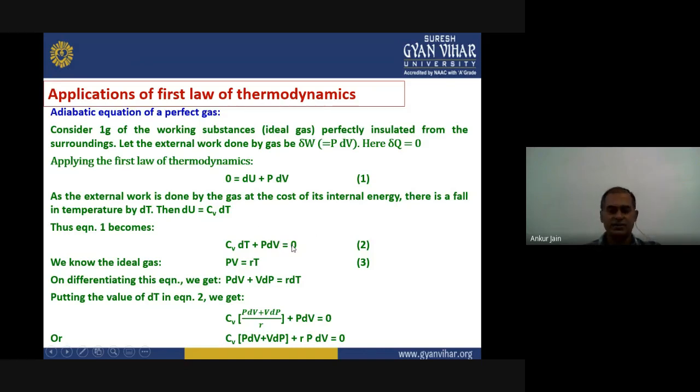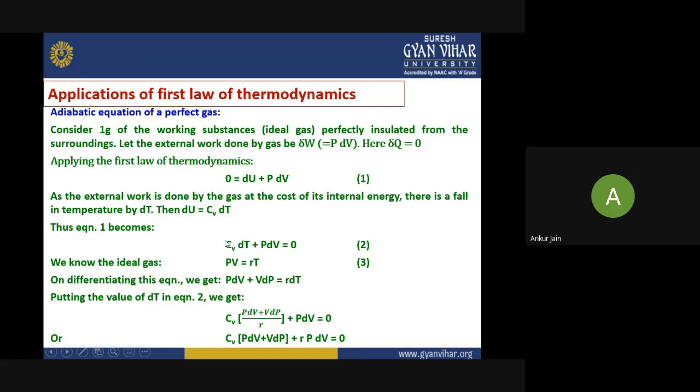Now from the ideal gas, we already know PV equals RT. Okay, if we differentiate it, we will get P into dV plus V into dP equals R into dT. Now, in this equation, the value of dT we can get is P dV plus V dP upon small r. Now, putting this value of dT in equation number 2, it will become Cv into P dV plus V dP upon R, bracket close, plus P into dV as it is.